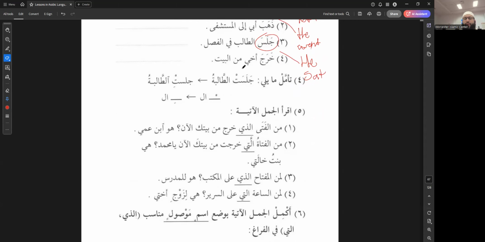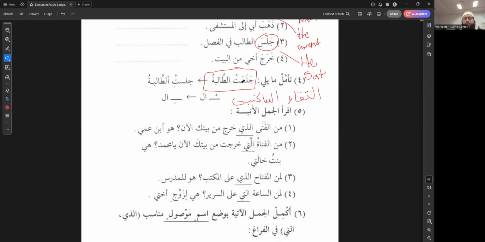Now, this part is very important, especially for the Quran. This is a rule called iltiqa as-sakinain. What does sakinain mean? The two sakins, meaning the two words that have sukun. Iltiqa as-sakinain, the meeting of the two sukuns.